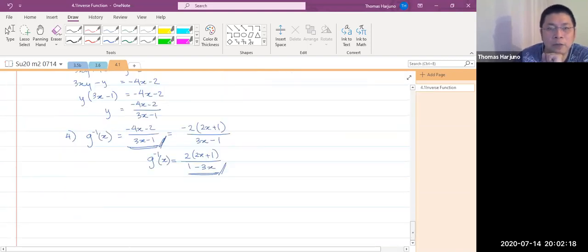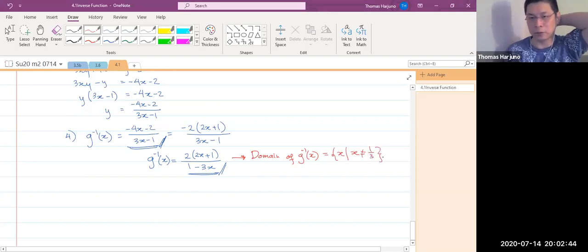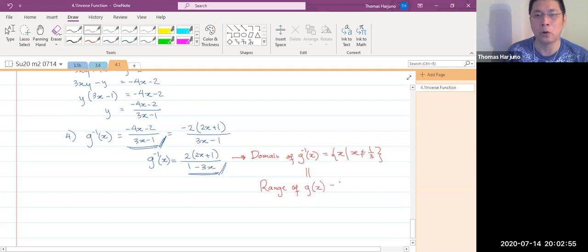We actually look at the inverse function and see what the domain is here. The domain of g inverse of x is all the x where x does not equal 1/3. Right? That's the domain of the inverse function. So that gives us the range. The range of g(x), therefore, is all the y where y cannot be 1/3.